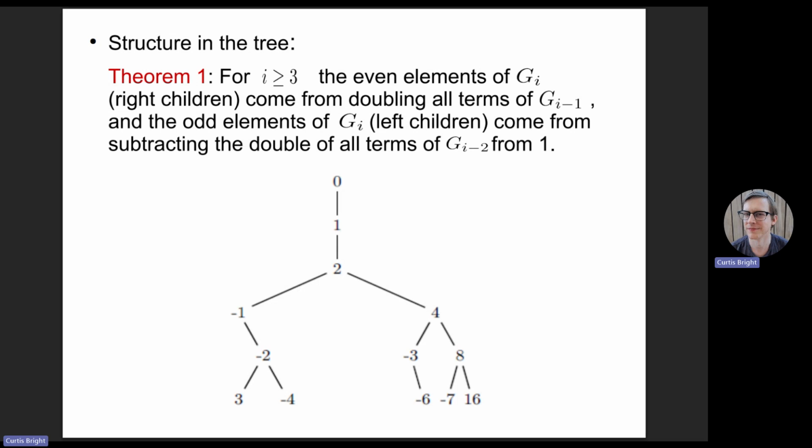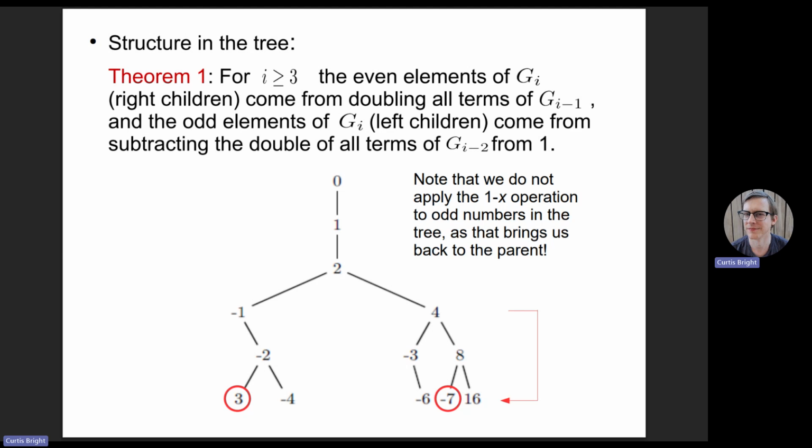And then any odd children, like in the bottom row, do come from 1 minus things in the previous row. But if we jump back 2 rows, we can think about those as coming from subtracting the double of all terms 2 rows back from 1. So we're just combining 2 operations there. The reason we can do that is because we can think of everything in this bottom row as being an operation on the row before it, plus some other operation on the row before that.